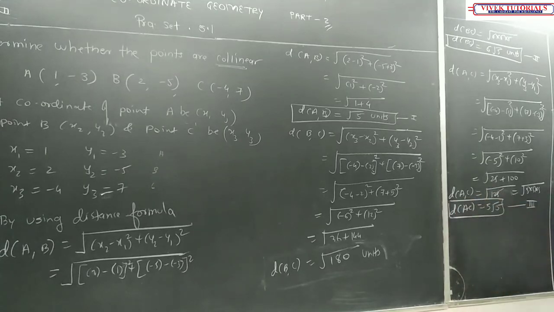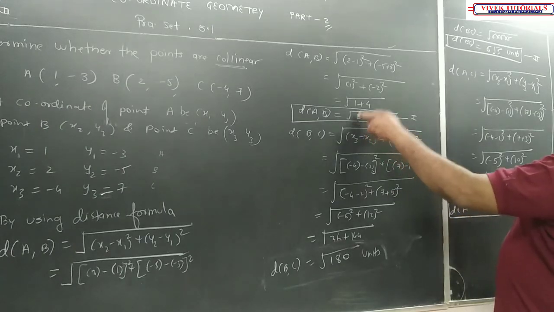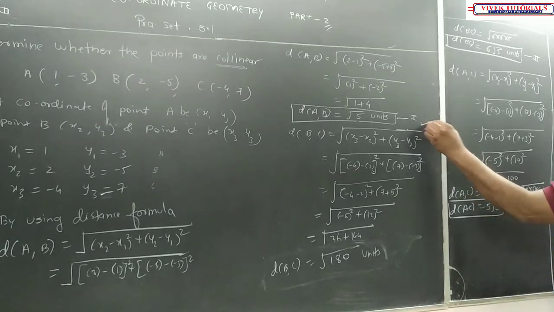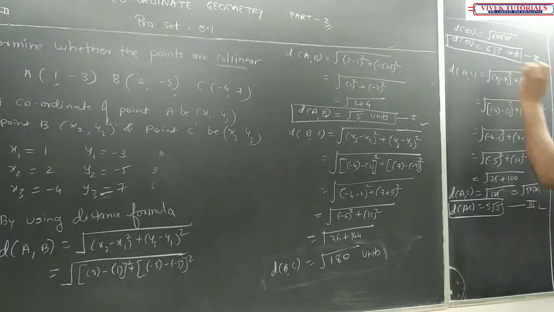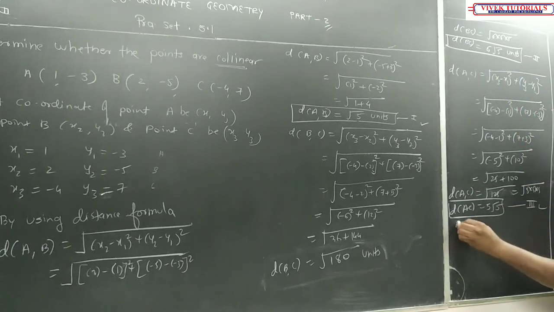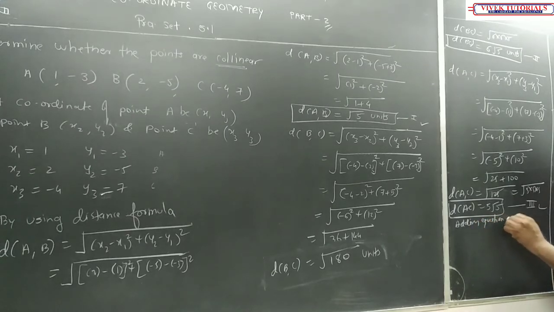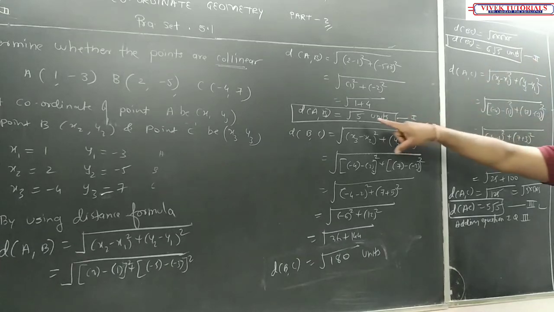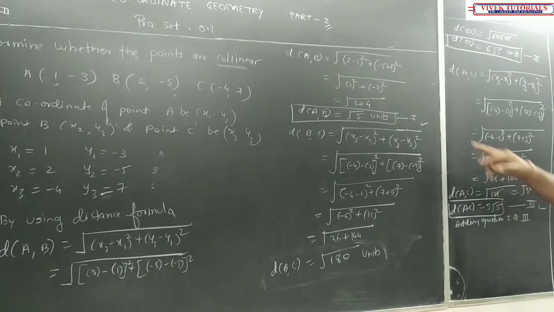Now you compare which one is the largest one. This is root 5, this is 6 root 5, this is 5 root 5. So the first and second are smaller, and this is the largest, 6 root 5. So we add equation 1 and 3. See once again, you have to check who is the largest: 6 root 5 is the largest, and the smaller ones are 5 root 5 and root 5.